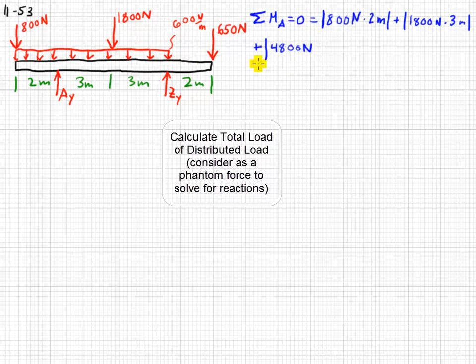And we will assume that all of that is in the center of the distributed load. This is a uniformly distributed load, so that's why we assume it's in the center. And it's 8 meters long, so that means it's right about here, which is 2 meters from AY.